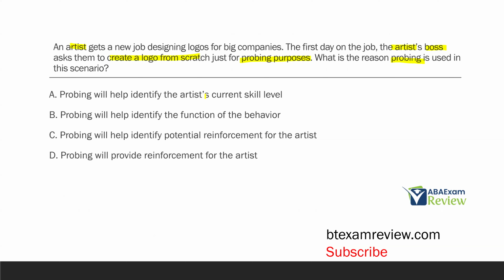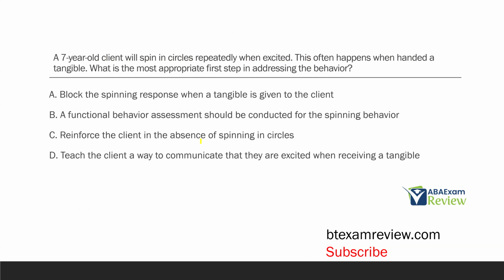Probing, in this case, will not. If you're probing preferences, maybe, but we're not doing that. We're probing skills. And then probing will provide reinforcement for the artist. Probing is the antecedent to the artist creating the logo. It is not the consequence. So the reason probing is used is A. Probing will help identify the artist's current skill level.